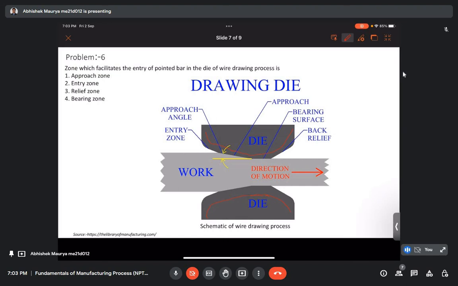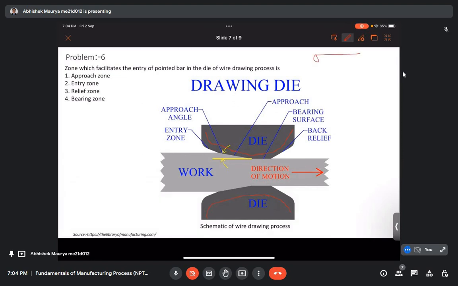Basically, it is not like upper and bottom. It's in 3D, so it's just a sectional view. In the sectional view, it will look like we have upper die and bottom die. In between, the material is being passed, or let's say we have a bar. The purpose of wire drawing is to manufacture wire from the bars.